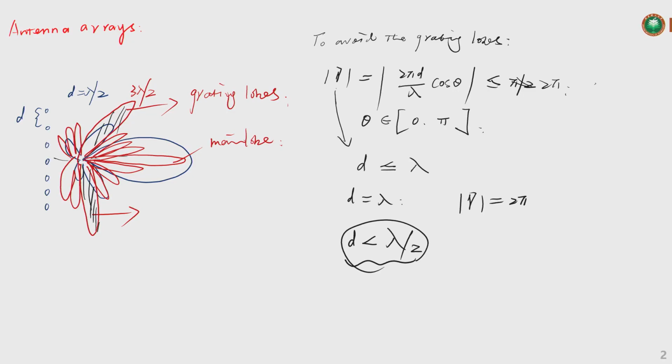This is similar to the expression for the Nyquist sampling theorem. This is for the uniform distribution. Another method to avoid such grating lobes, and also to reduce the side lobe levels, is the binomial distribution.